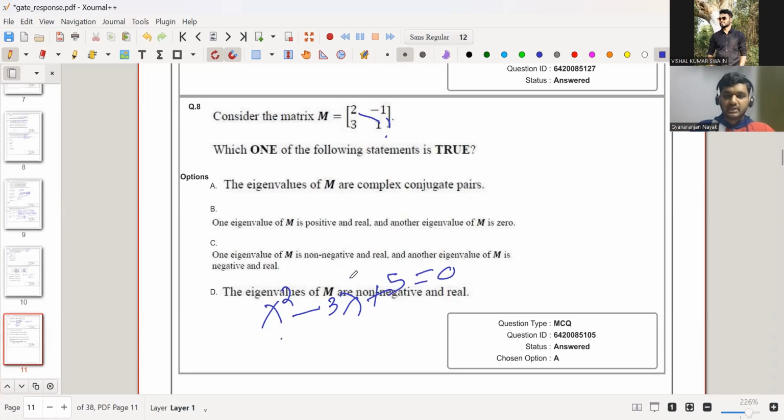Lambda square minus 3 lambda plus 5 equal to 0. So if you calculate the value of lambda, because it is a quadratic equation, you know how to solve a quadratic equation. Okay. So if you find, then you notice that lambda is a complex conjugate pair. So option A is correct. So we'll proceed for next.